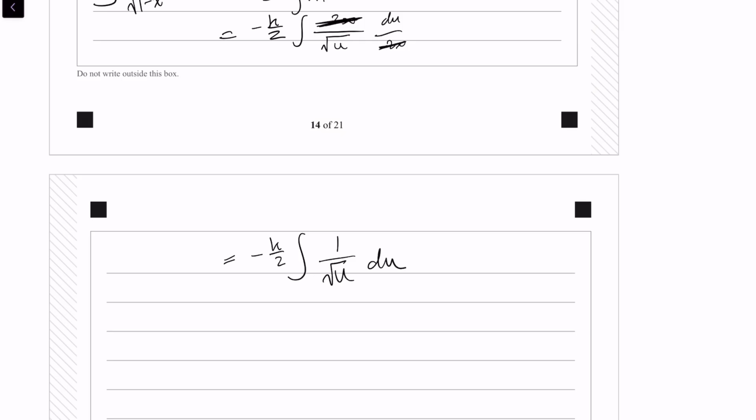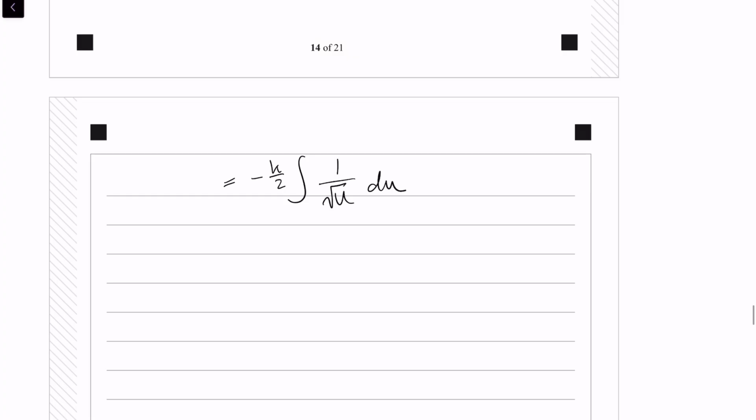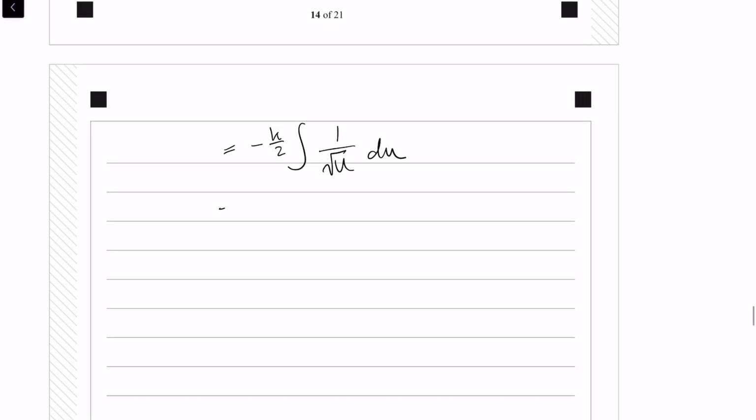Okay, and now I can easily work with this. This is simply a methods integral now, equal to negative k over 2 the integral of u to the power of negative a half, because a half is my square root, but a negative means that it's at the denominator or the bottom of this fraction.